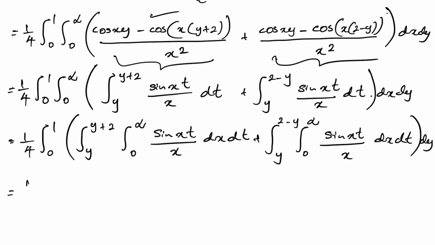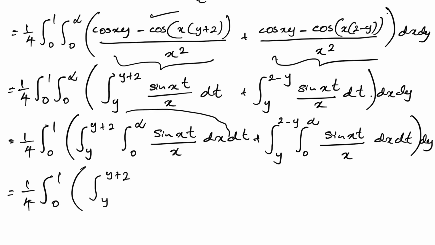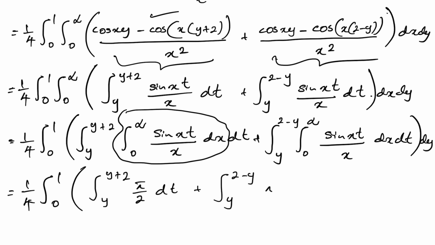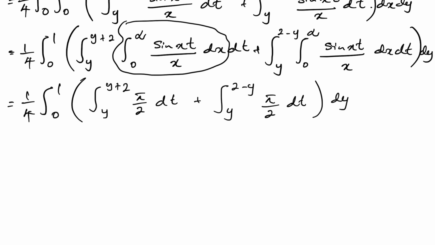Okay, now the integral from 0 to 1, then from y to y plus 2, and we know this is a well-known integral, we solved it many times. This is equal to pi over 2. So we have pi over 2 dt plus the integral from y to 2 minus y, again pi over 2 dt, dy.